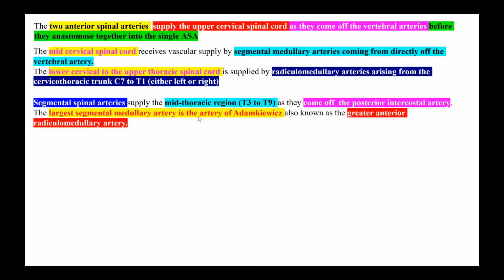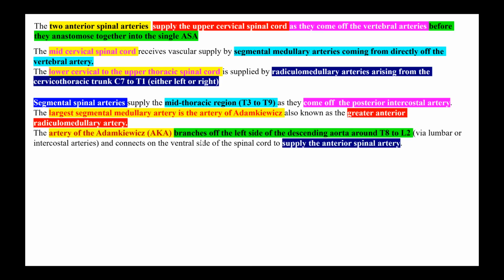This one comes at the thoracic level between T8 and L2, with branches from the left side of the descending aorta, not from the intercostal but from the descending aorta itself. Lumbar and intercostal arteries come to the ventral side of the spinal cord to supply the anterior spinal artery. It mainly connects to the anterior spinal artery because that single artery is supplying a larger portion.